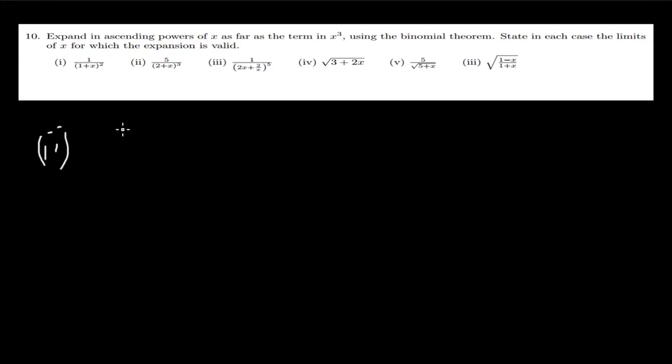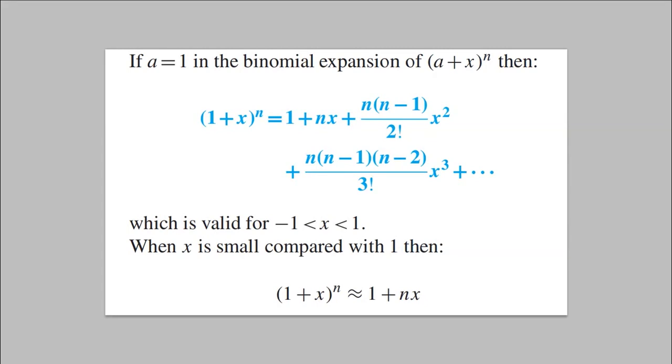It is saying 5 over (2 plus x) to the power 3. So again, this question having been given to us in this form, we also have to convert it into the form that is going to be ideal for this expansion to work.